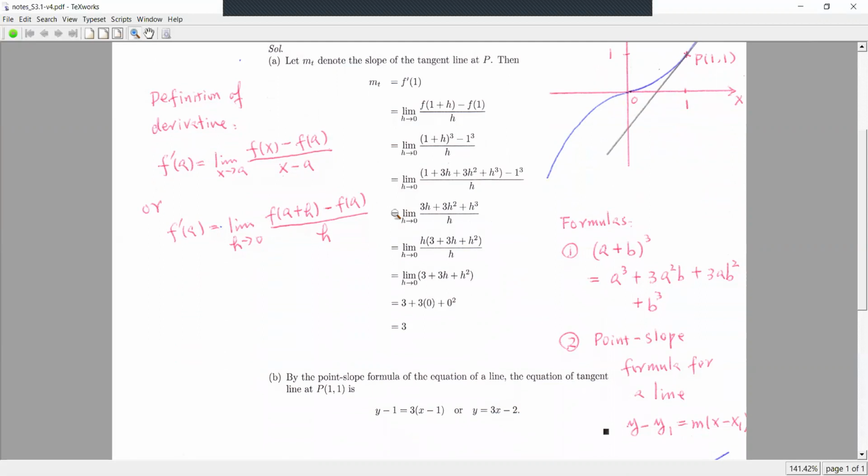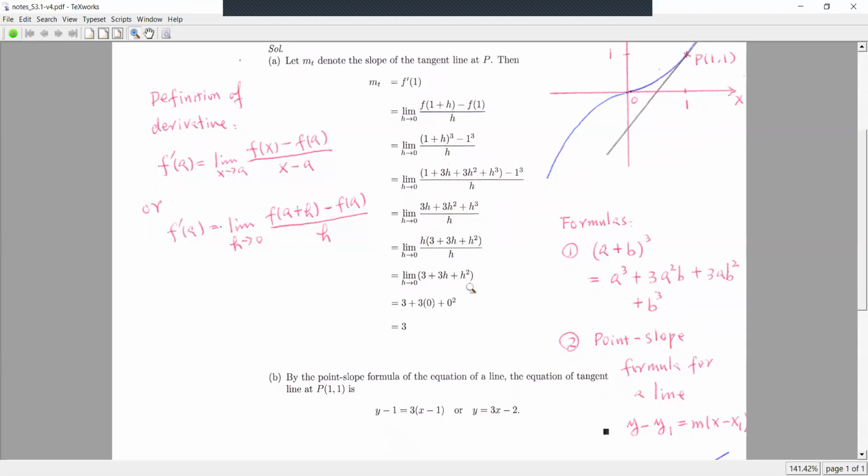I can further cancel h from the top and from the bottom. To see that, I factor h in the numerator out to get this equation. Now cancel h, then I have this equation.